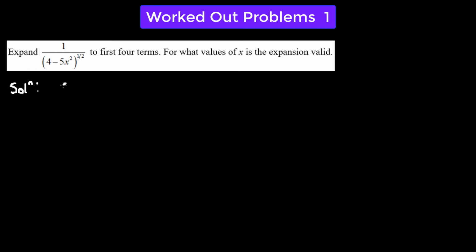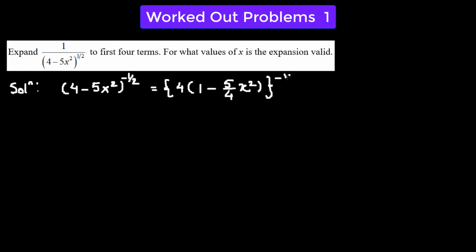So we could rewrite it as (4 minus 5x squared) whole raised to the power -1/2. Then we're going to take 4 as the common factor. That would leave us with 4 times (1 minus 5/4 x squared) whole raised to the power -1/2. Now we're going to expand it.